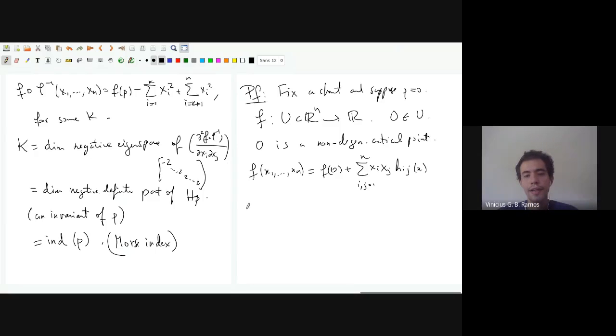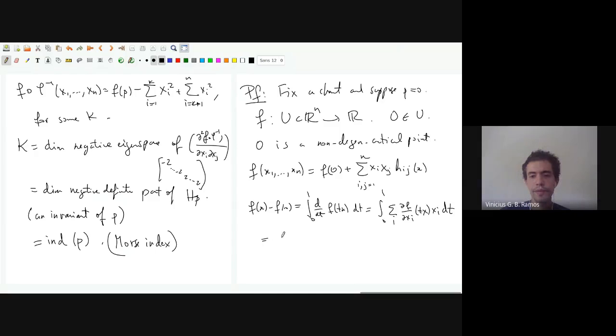So you can write f of x minus f of 0 as the integral from 0 to 1 of d/dt of f of tx dt. This is the gradient times x, so I can write this as the sum of df/dxi at tx times xi dt.